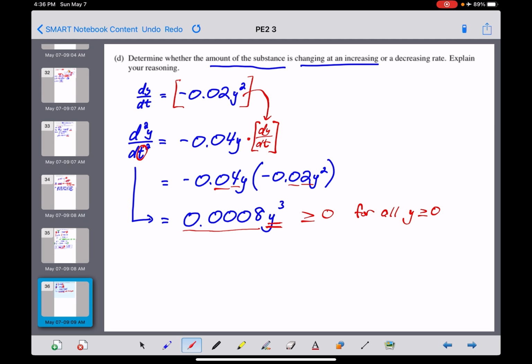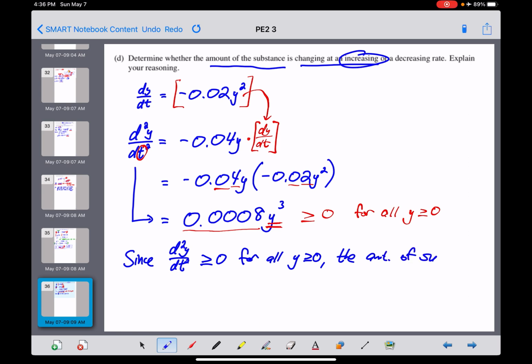And since our second derivative is always going to be positive, we know that this thing needs to be changing at an increasing rate. So let's write that out here, guys. Since d2y over dt2 is greater than or equal to 0 for all y greater than or equal to 0, that means then the amount of substance, just trying to use their words as much as I can here, is changing at an increasing rate.